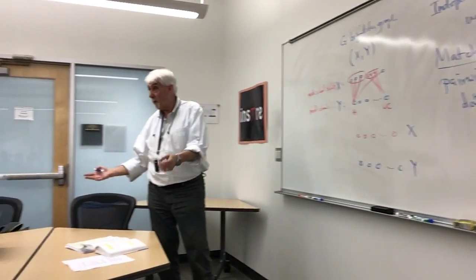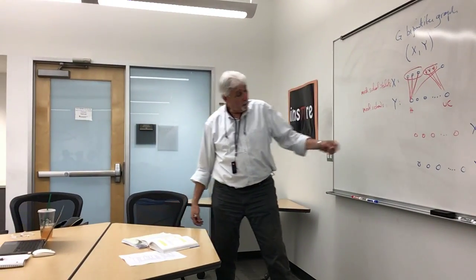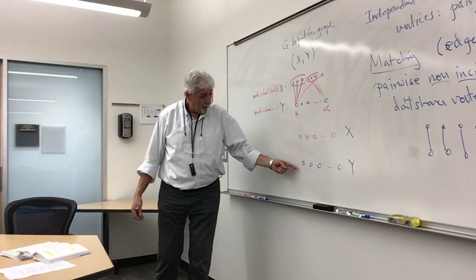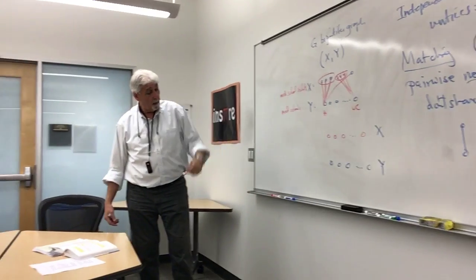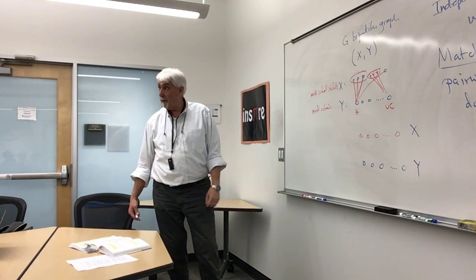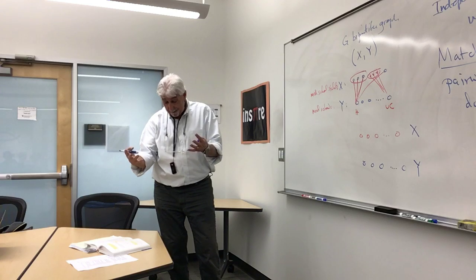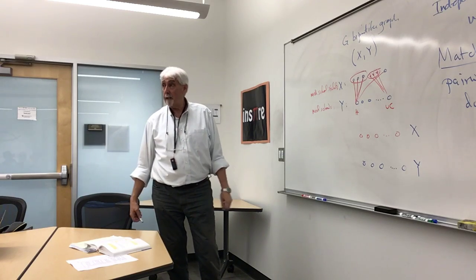There are some students that don't get into a medical school. So I want every one of these to be matched to a vertex in Y. What can you tell me about the size of X and the size of Y?